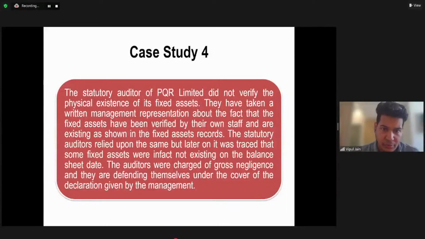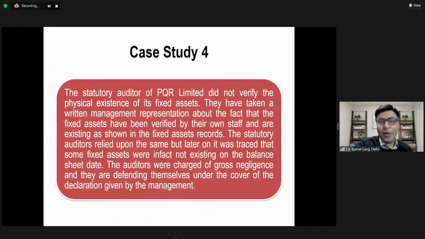We have a response from Pratibha. It says, consider the method. Okay, think along these lines. Auditor says, in my working paper file, I have the copy of the written representation letter. Is this the complete process the auditor has done? Simply by relying upon management, can we say everything is over?